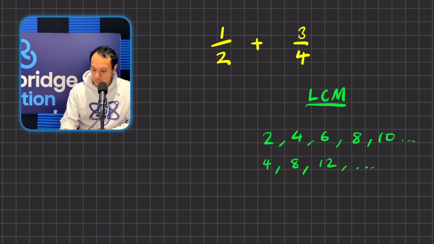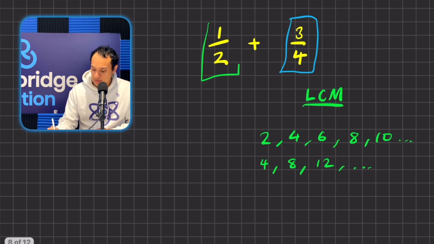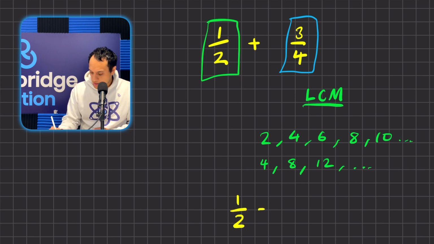Now, because we've already got something written as 3 over 4, we don't need to worry about this one. We only need to worry about this 1 over 2. So this half, we've got to convert into something over 4. So I'm first going to write out 1 over 2, and then an equal sign, and I'm going to make that equal to something over 4.